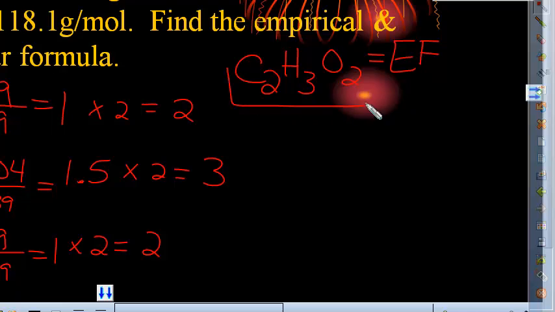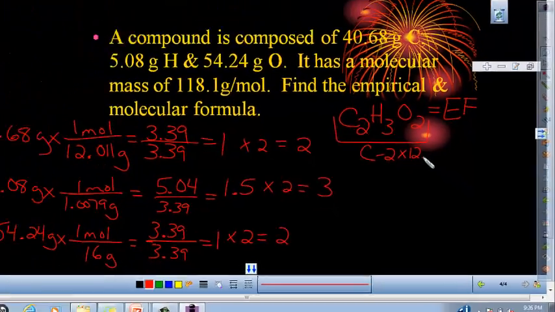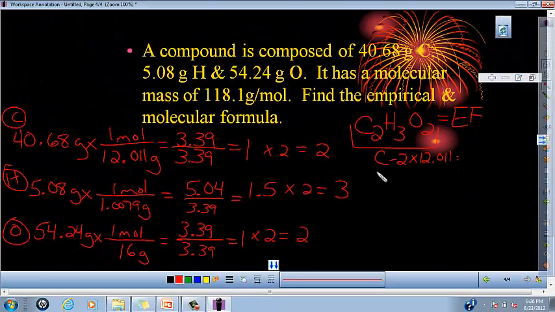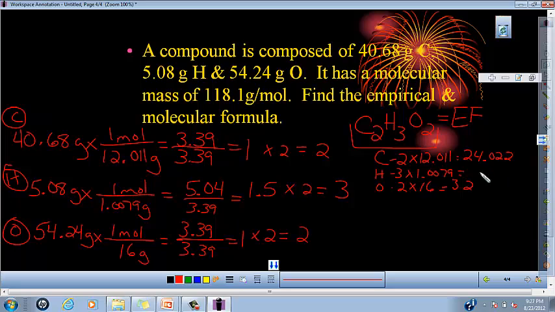All right, now we need to find the molar mass of this. So we got 2 times 12.011, 3 times 1.0079, and 2 times 16. Okay, and we're going to add all that up.